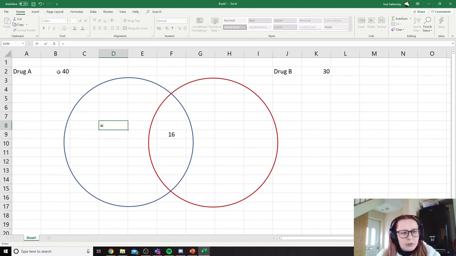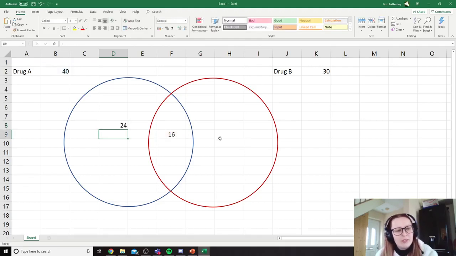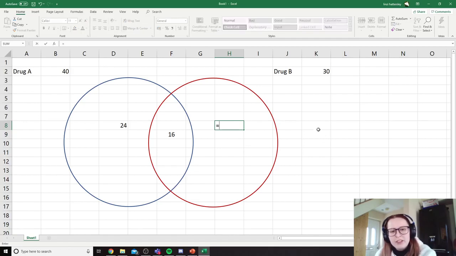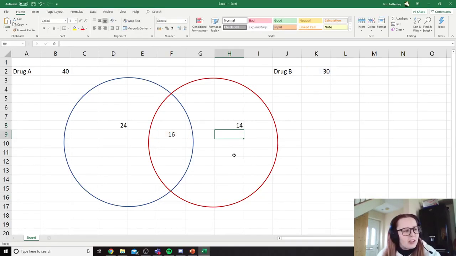So 40 people, we know that 16 of those also took drug B, so it's simply 40 take away 16, and that gives us 24. Same on this side, so 30 take away 16, because we know that 16 of these people also took drug A. So we eliminate them, and that gives us 14.